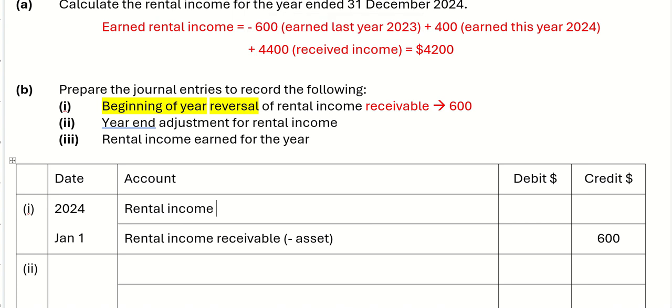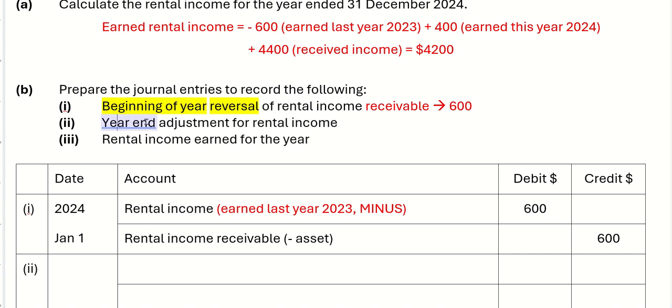Because it was earned last year, you need to minus. So minus $600 from your rental income because it was earned last year. So correct or not?